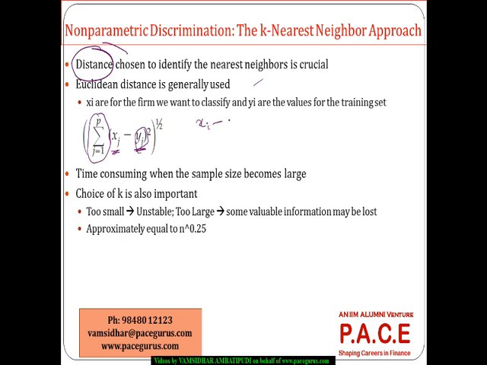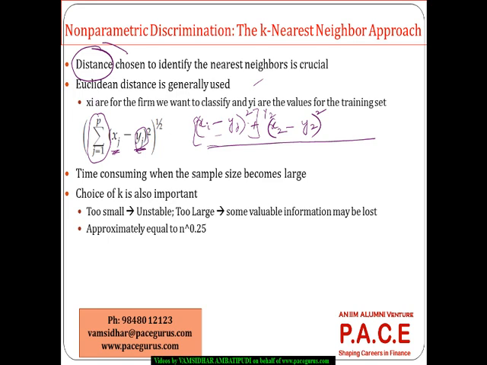I take the difference and square it. Similarly, I do the salary for the person versus the whole set, and square it. Then I take the summation, and finally I take the square root of it. This is what we call the Euclidean distance.